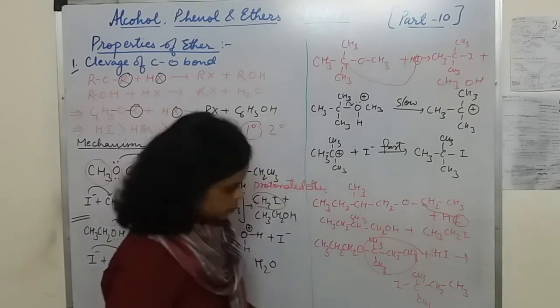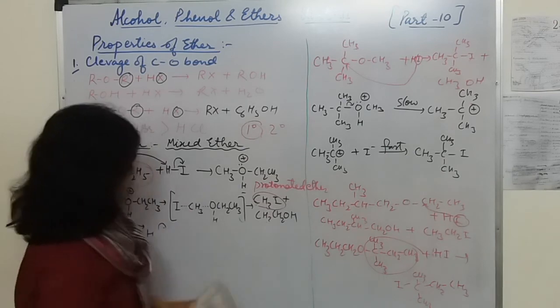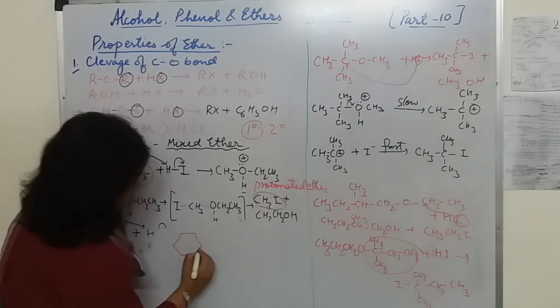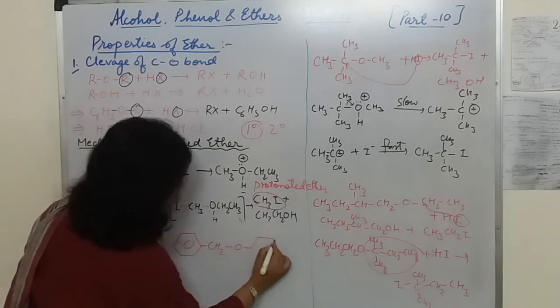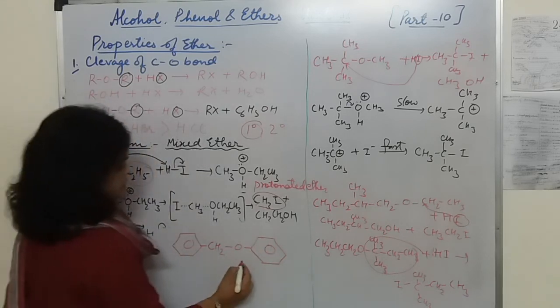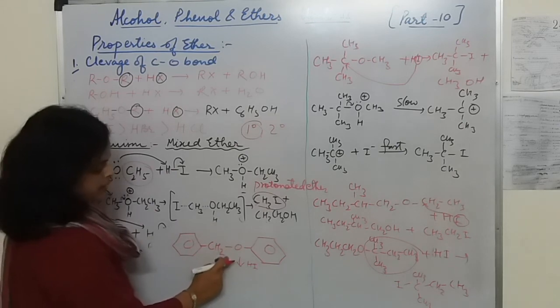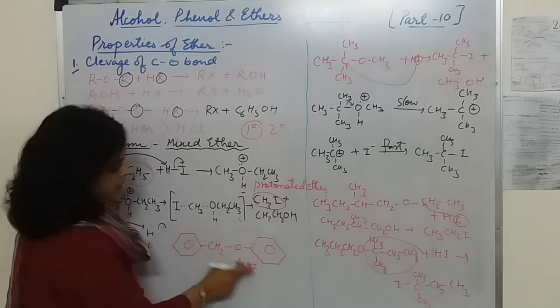And one more question, students, here. Benzene rings are there. CH2, O. Okay. Now, when it is combining with HI, either this one breaks and iodide goes here, or this one breaks and iodide goes here.